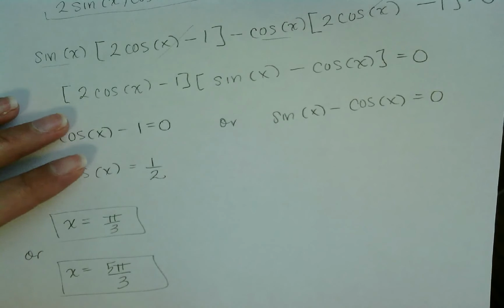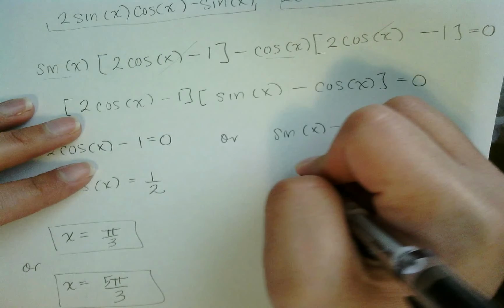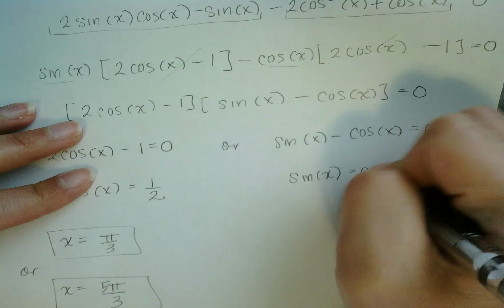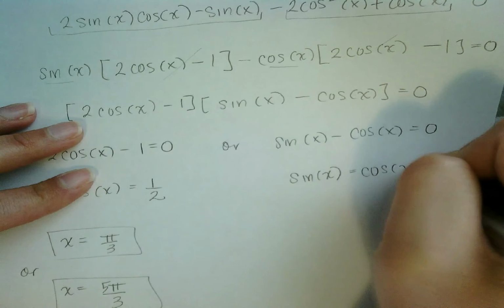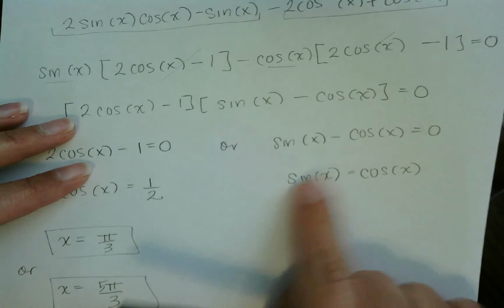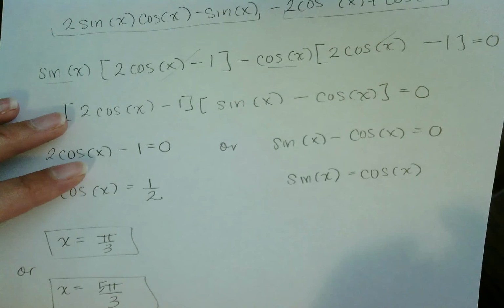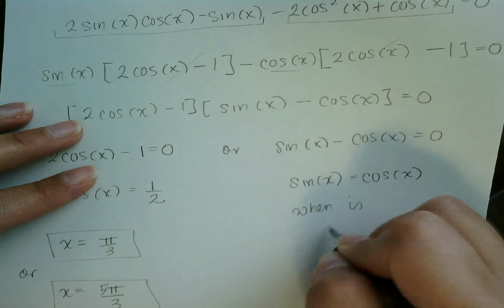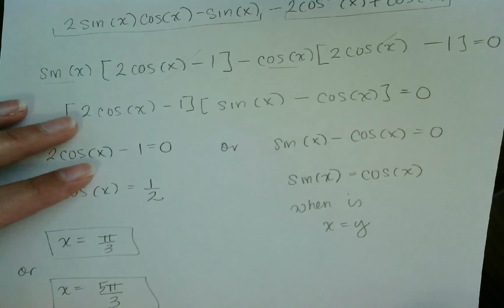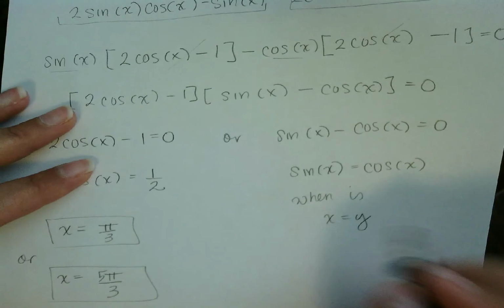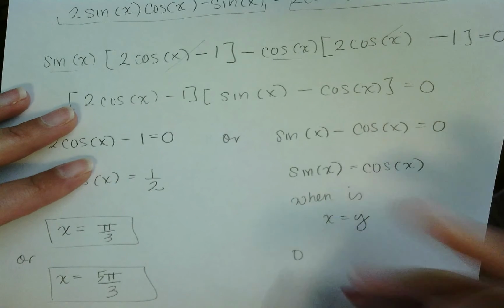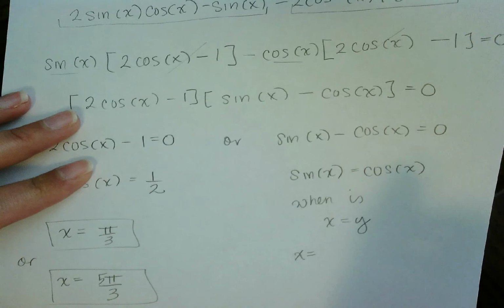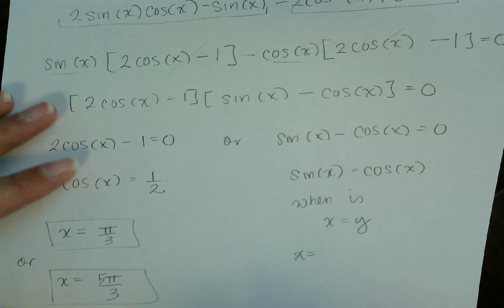And then sine of x minus cosine of x, we gotta solve that guy. So I'm gonna add cosine x to both sides, because that's when sine is equal to cosine. So when is sine equal to cosine? That's which angle has the same x and y value.